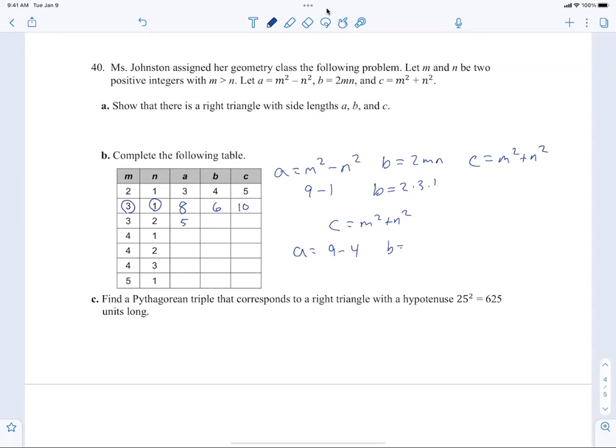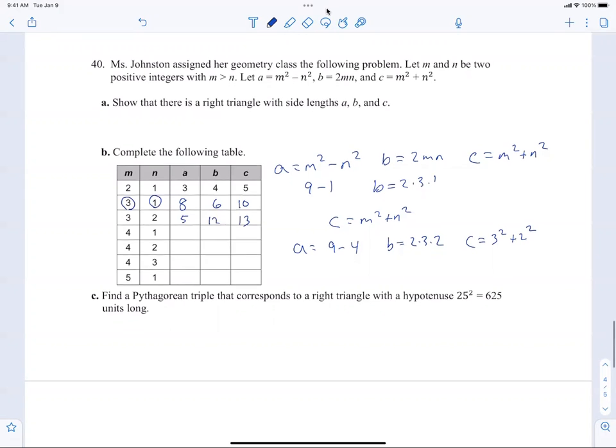And then B is equal to 2 times 3 times 2, which is what? 12. And we know from our triples the other one should be what? 13, right? Or C equals 3 squared plus 2 squared. 9 plus 4 is 13, which is what we concluded. You with me on that?